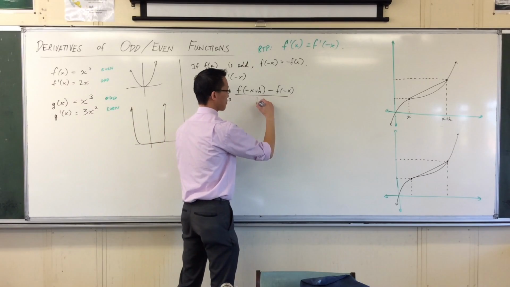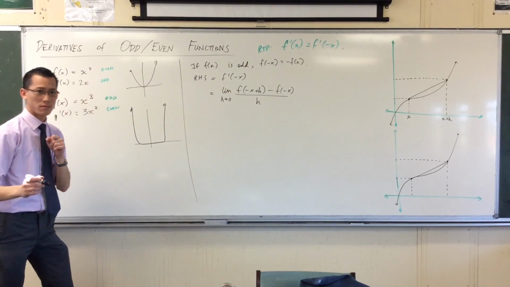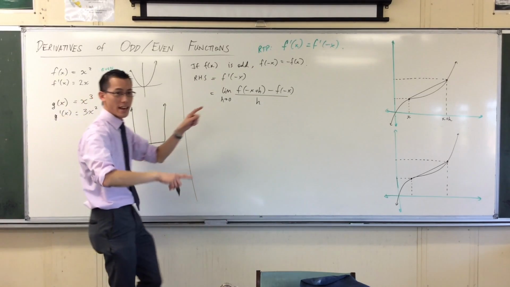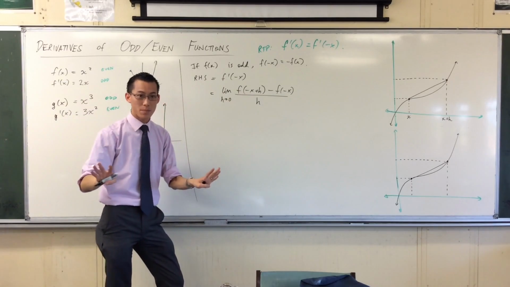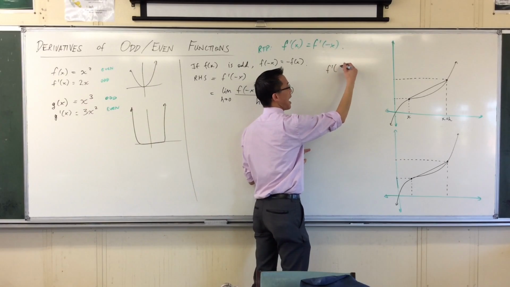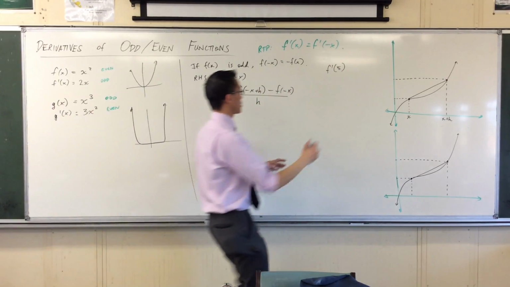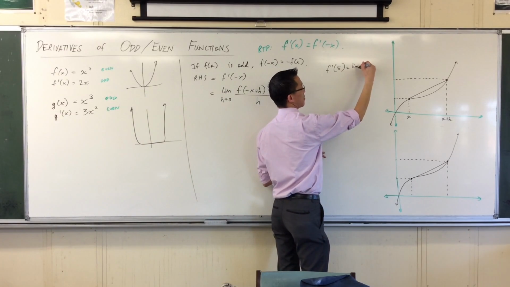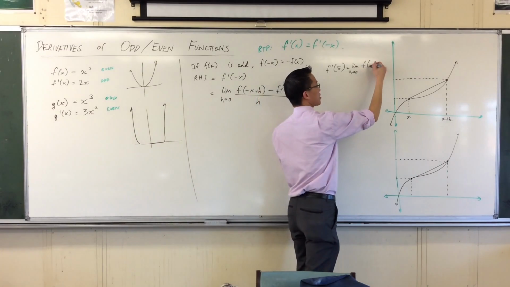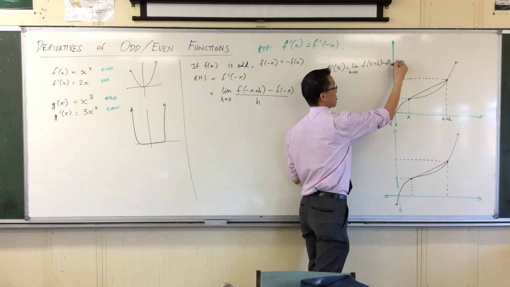It's minus h? She's right, it usually is x plus h. But think about what this means. If, for instance, I wanted to get the derivative at a certain point, say 5, all that means is the limit as h approaches 0 of, and on the top it's going to be 5 plus a little bit, minus 5.